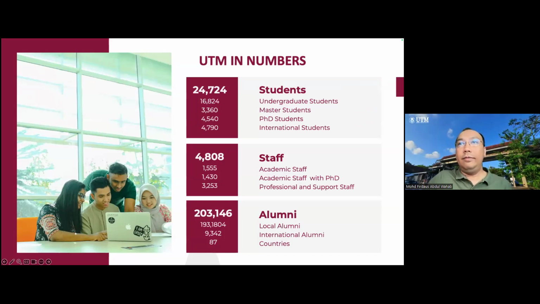And as you have seen before, the academic staff, we also have professional and supporting staff, about 3,000 of them to assist us in administration, laboratory, and all the supporting centers. And so far, we have more than 200,000 alumni in Malaysia and all over the world, coming from 87 countries, and I think it's increasing day by day.